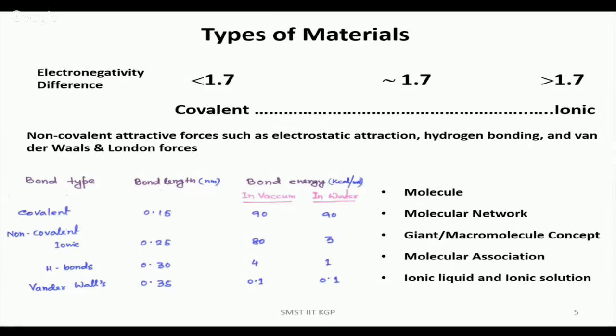These long chain polymers, for example, as I am saying, the molecular network of ethylene makes polyethylene. So a lot of ethylene molecules are combined to form a molecular network, right?